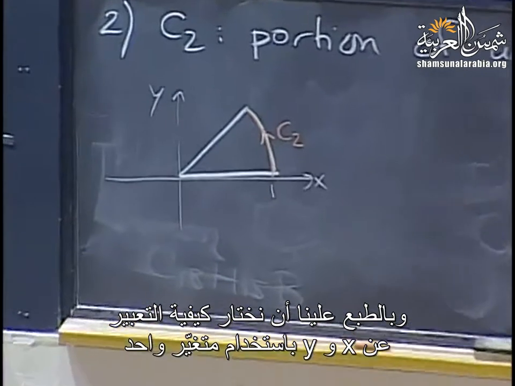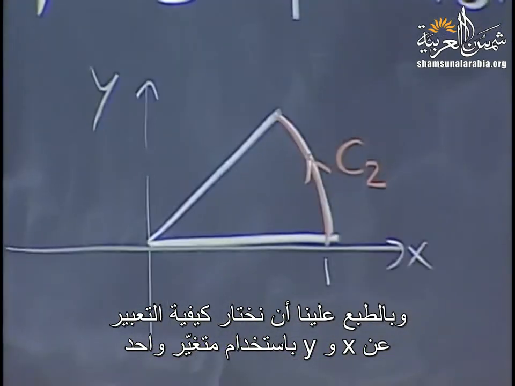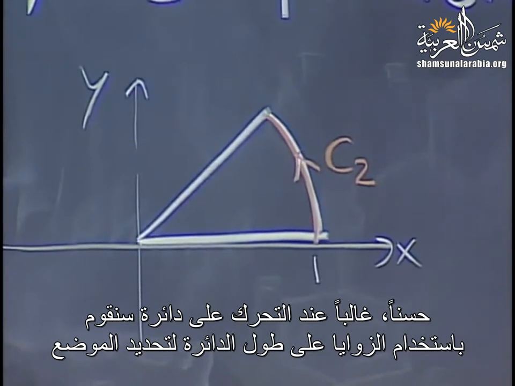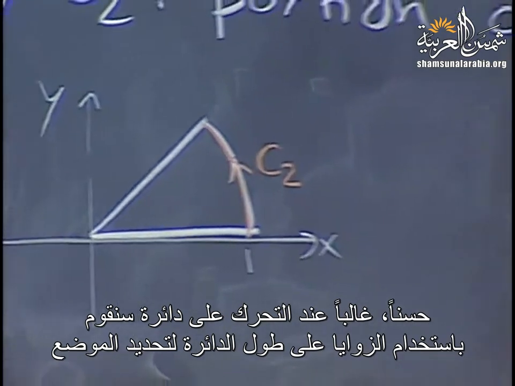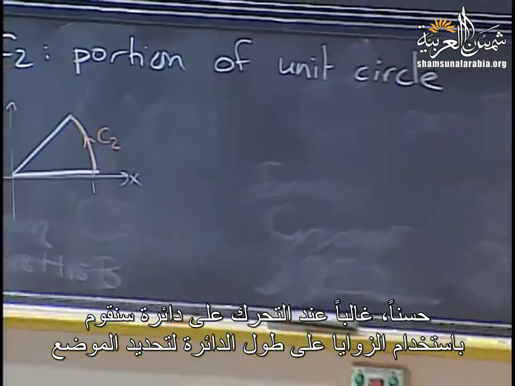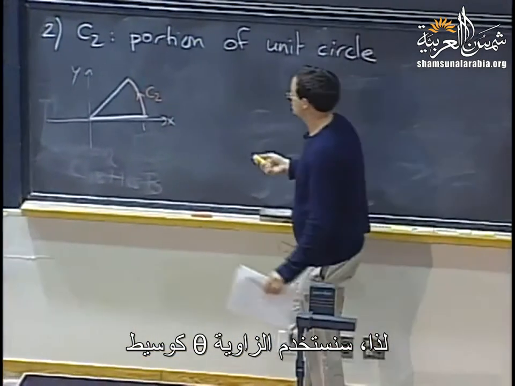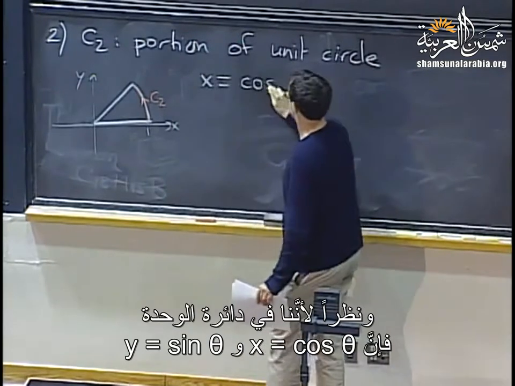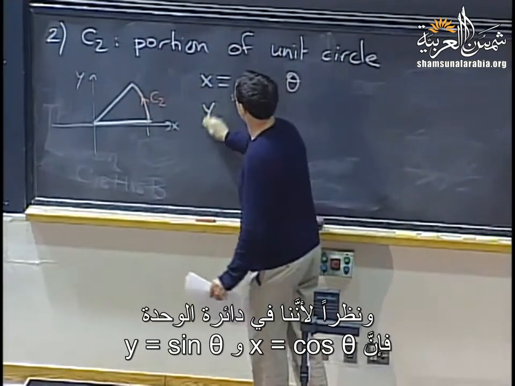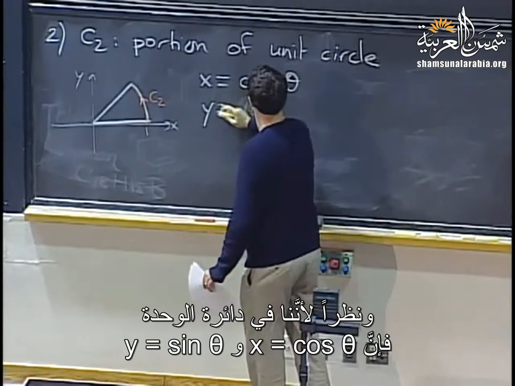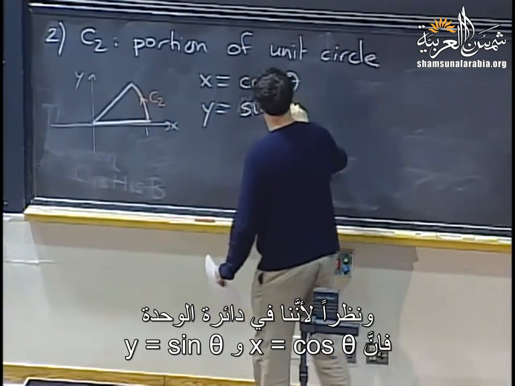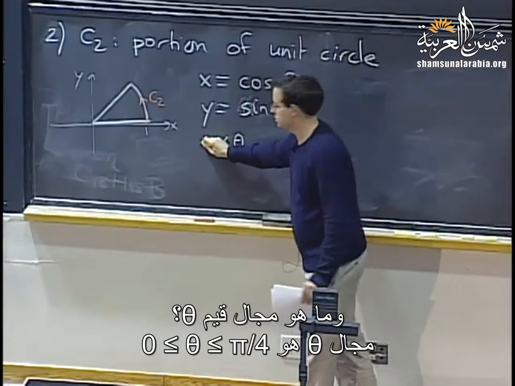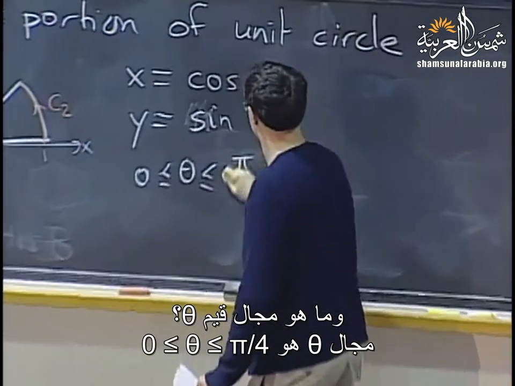And of course, we have to choose how to express x and y in terms of a single variable. Well, most likely, when you're moving on a circle, you're going to use the angle along the circle to tell you where you are. Okay, so we're going to use the angle theta as parameter, and we'll say, well, we're on the unit circle, so x is cosine theta, and y is sine theta. What's the range of theta? Theta goes from 0 to pi over 4.